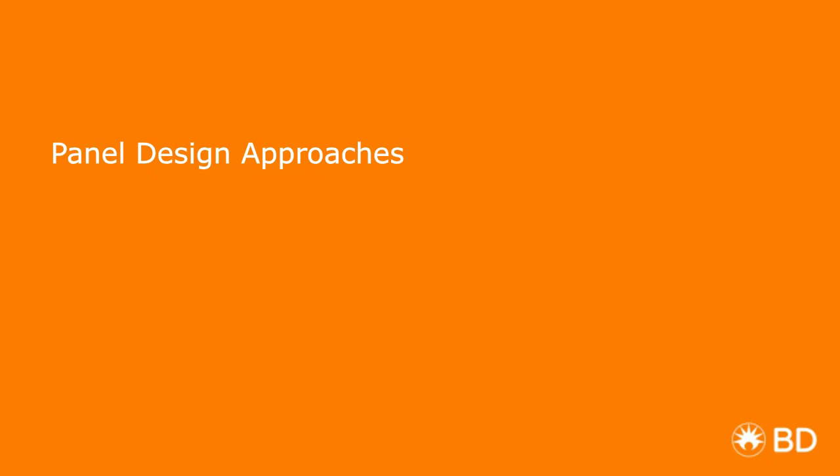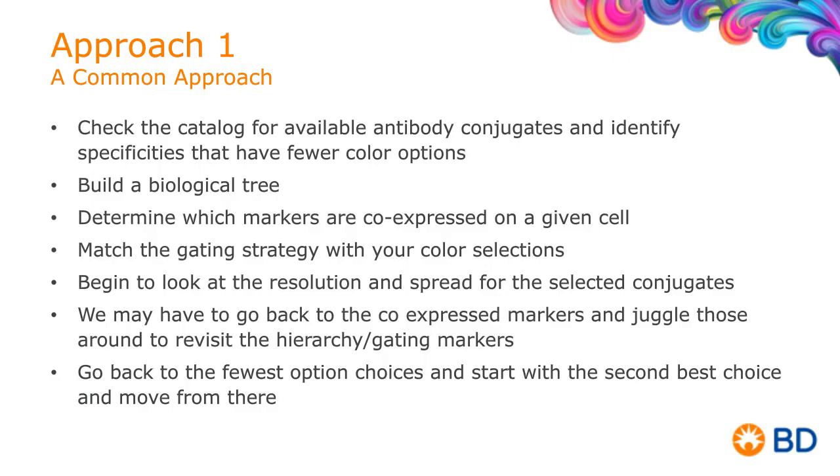One of the scientists in our team, with all transparency, shared this one. So the first thing that the scientist did is they go to the catalog and they look for the availability of specific conjugates for all of their specificities, but they pay a lot of attention to some of the new specificities, right?